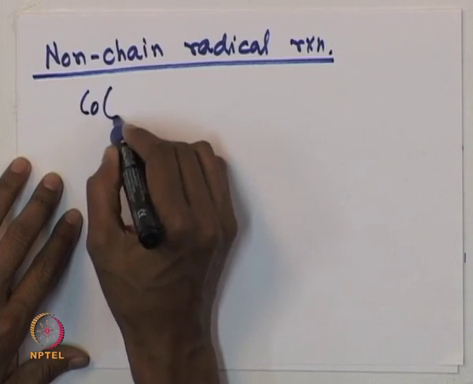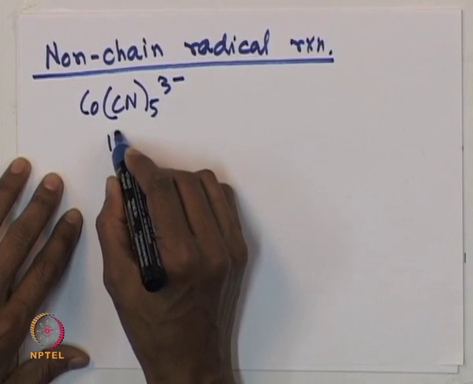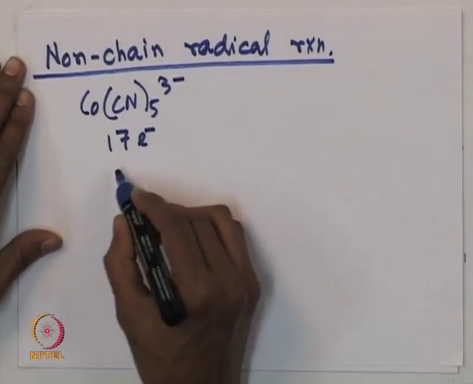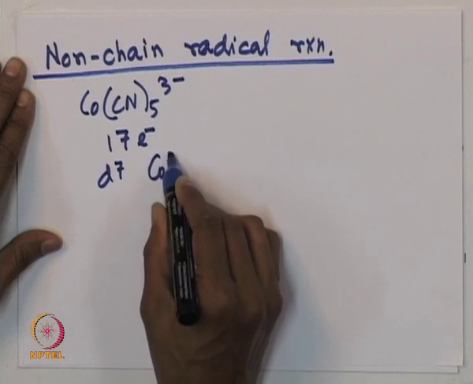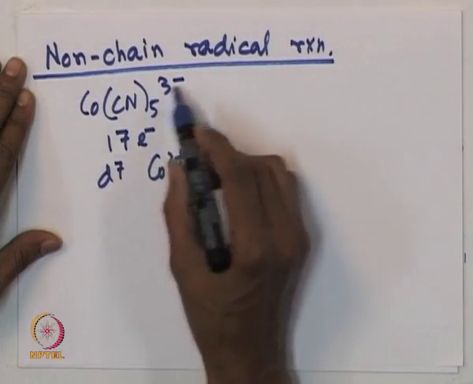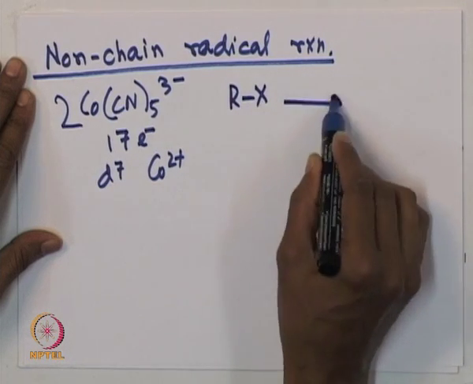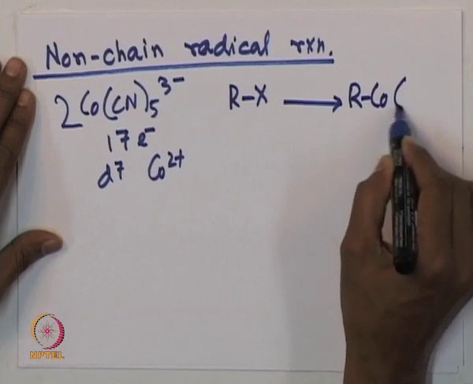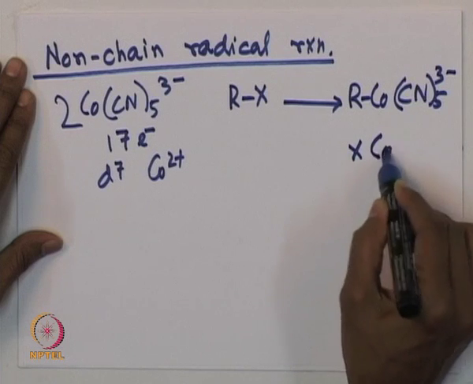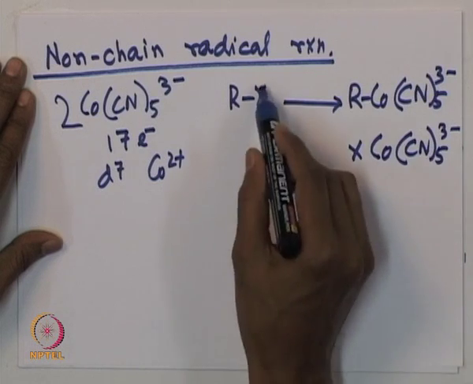Now, what could be a better complex than cobalt for an odd electron species? If you do the electron count, you will find that this is a 17 electron species. It is a d7 cobalt(II), do the electron count, it will be d7. Now, two of these species will react with RX to give you RCo(CN)5 3- and XCo(CN)5 3-.